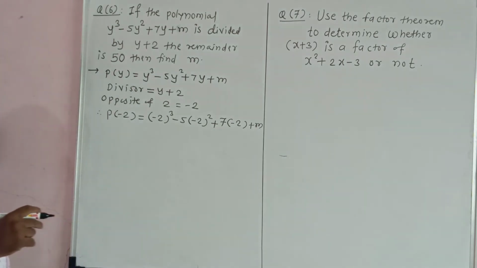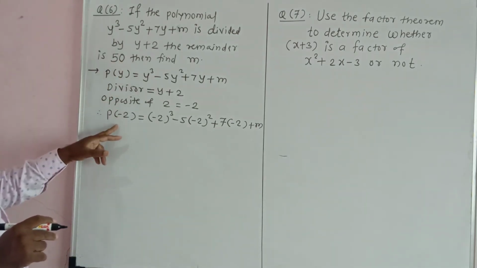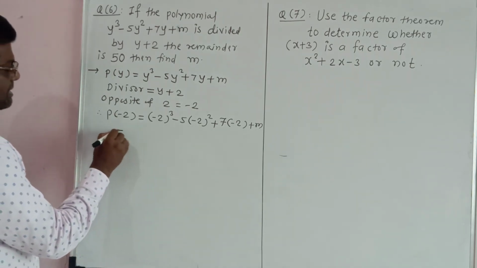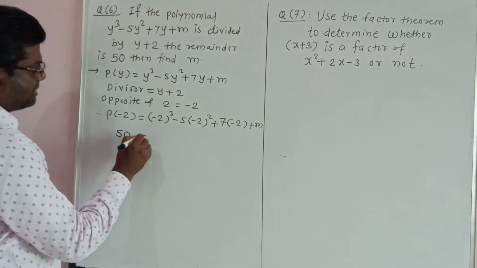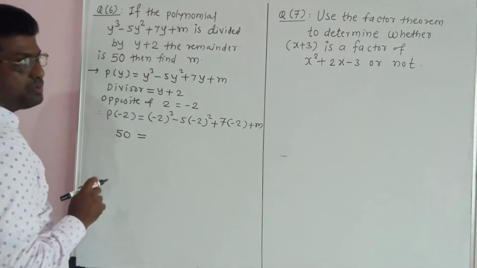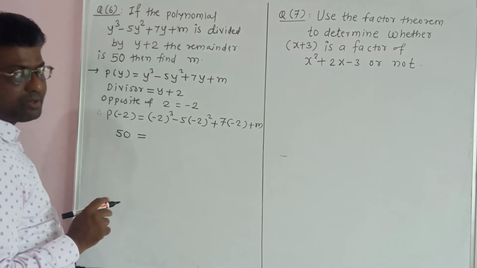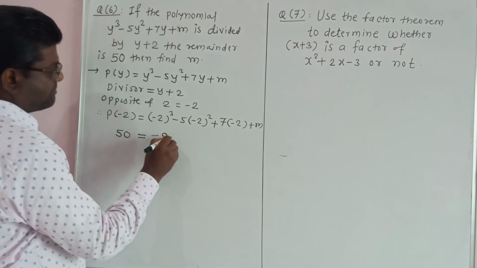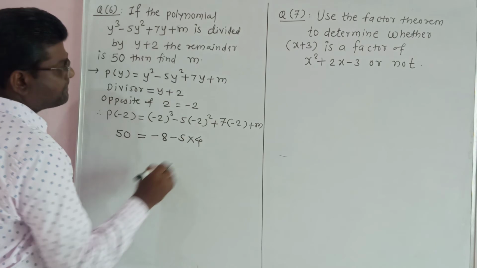But we have been given the remainder 50. This P of minus 2 is the remainder by the remainder theorem. Therefore, we put P of minus 2 is equal to 50, which is equal to minus 2 raised to 3. Minus 2 into minus 2 into minus 2 will be minus 8. Minus 5 into minus 2 square, which is 4.